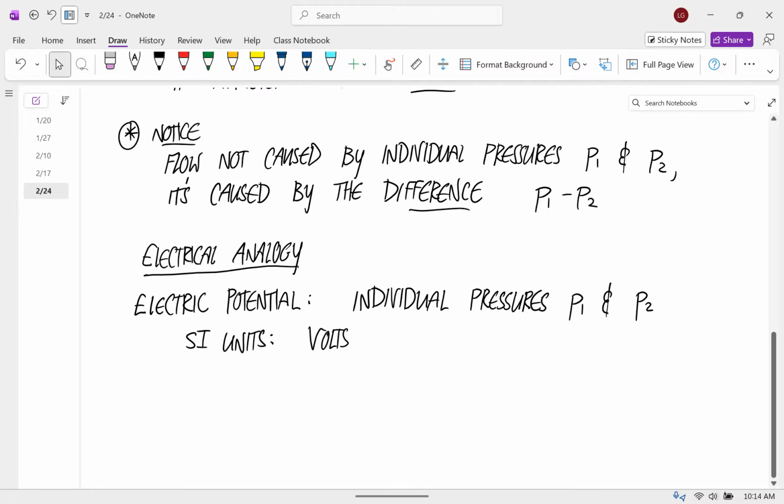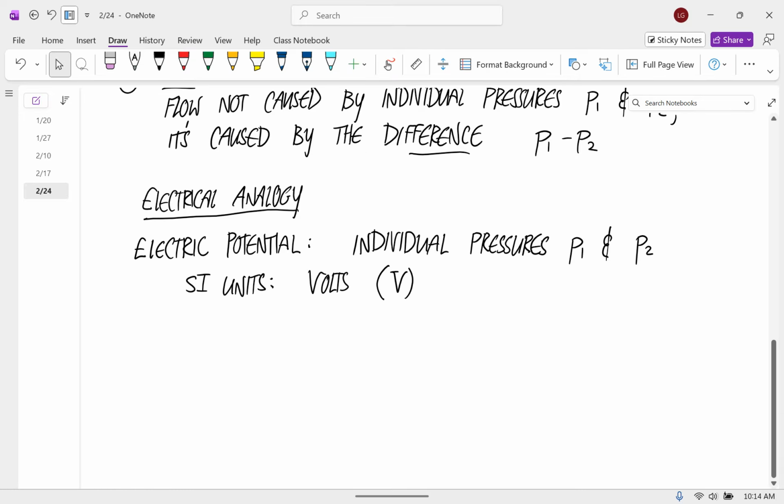The units for volts are given as a capital V. Voltage is the thing that really drives electrical flow. Voltage is that difference in pressures.